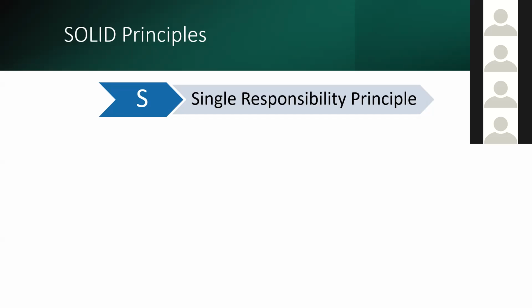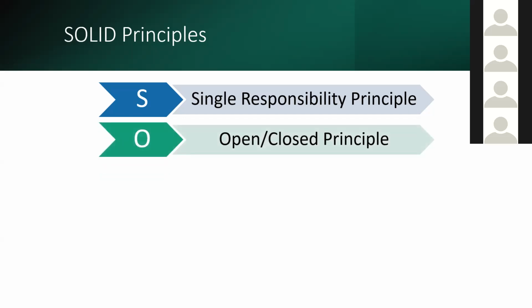And the O in SOLID stands for open closed principle. Now you've got your class that is doing one thing and only has one reason to change. But open closed builds on top of that, and it says this class should actually be closed for changes. You should not be allowed to change anything in that class.